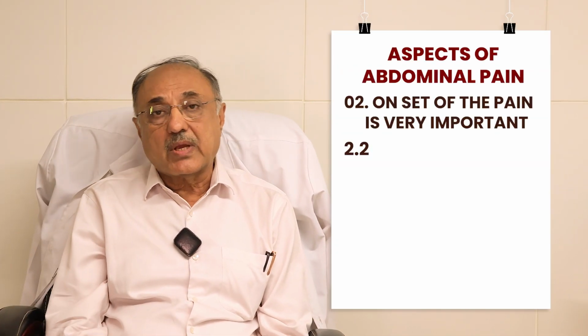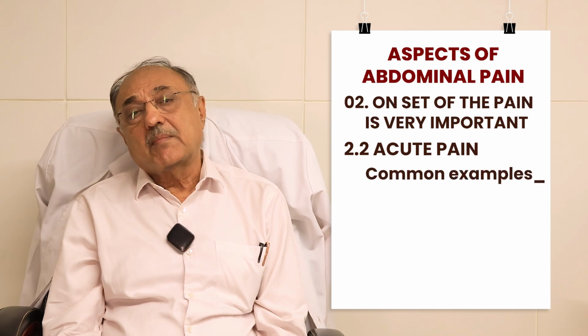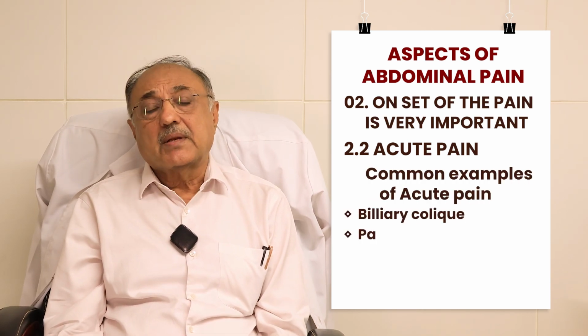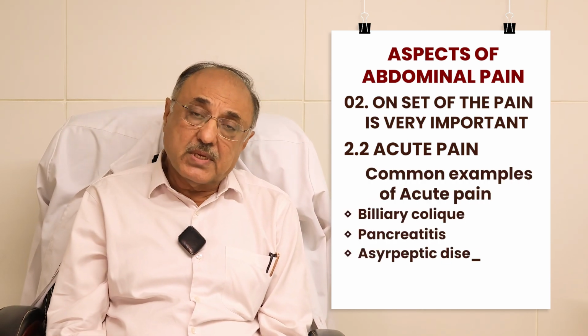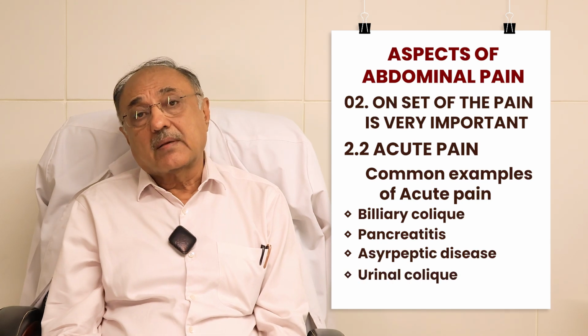Acute pain is the pain which will come over, say, a few hours, then gradually it will increase, reach a plateau, and it may subside on its own like in biliary colic or renal colic, or it will require intervention, and if you don't intervene they will develop complications. So that's your acute pain. And common examples are biliary colic, pancreatitis, acid peptic disease, renal colic, colitis.